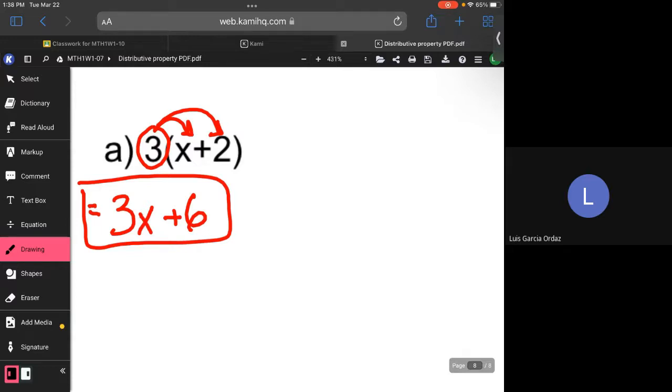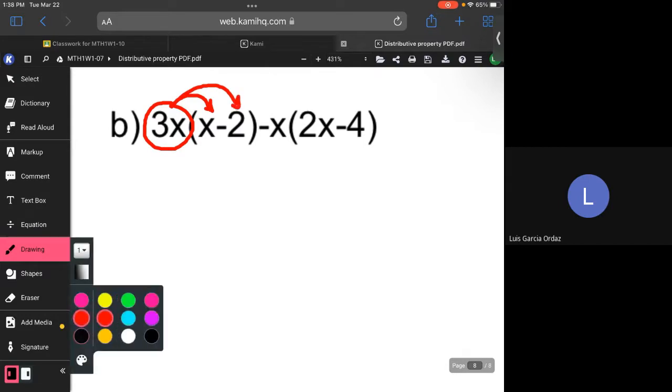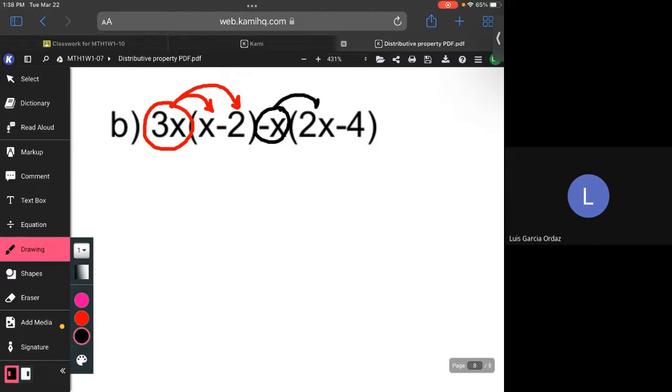Okay, so now we're going to go to B, which gets slightly harder. So here, how many times do we have to distribute? Twice. So the first one, my 3x, I need to distribute into x and my negative 2. For my next one, my negative x, I'm going to distribute into 2x and minus 4.